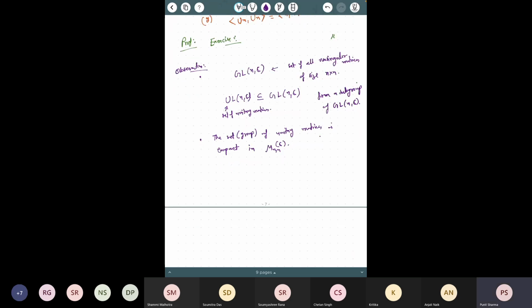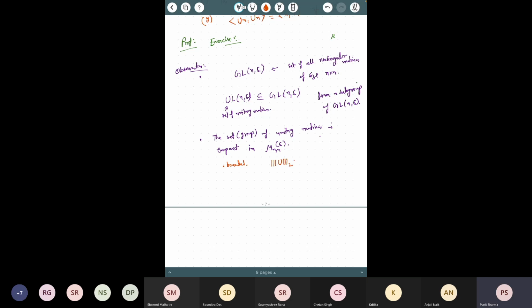Why is this bounded first? It's very easy to see. This is a finite dimensional space, and all the norms are equivalent. So you can take, for simplicity, the operator 2-norm, and then what is the 2-norm of U?